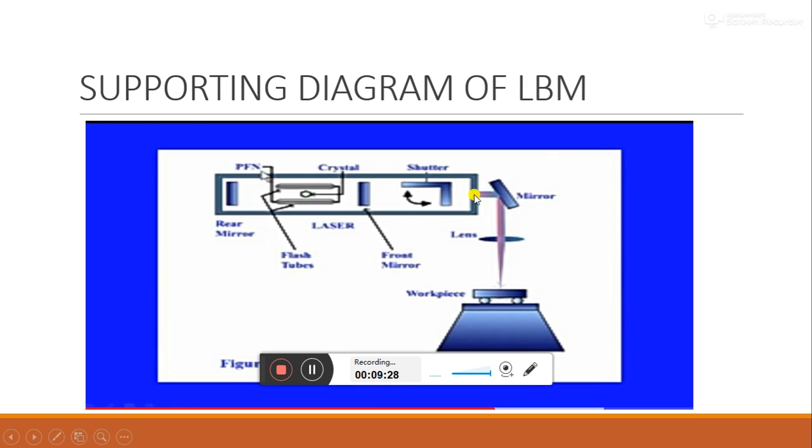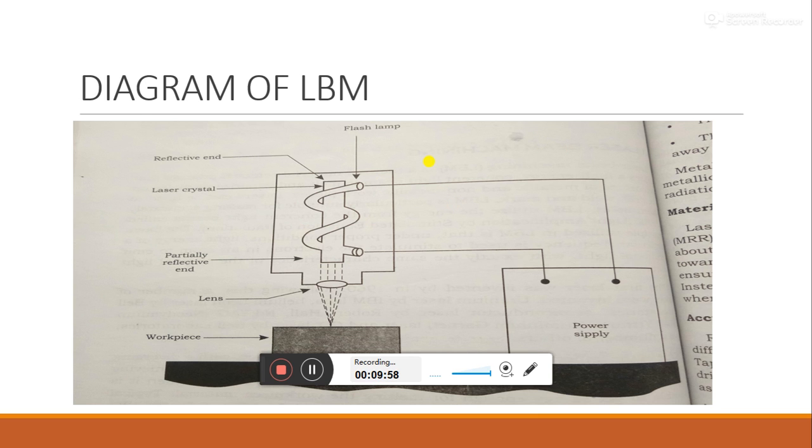According to the diagram, the lens is here, and this region is called the partially reflecting region, and this can be used to control the beam intensity within the laser. So in the exam you just need to draw this diagram.